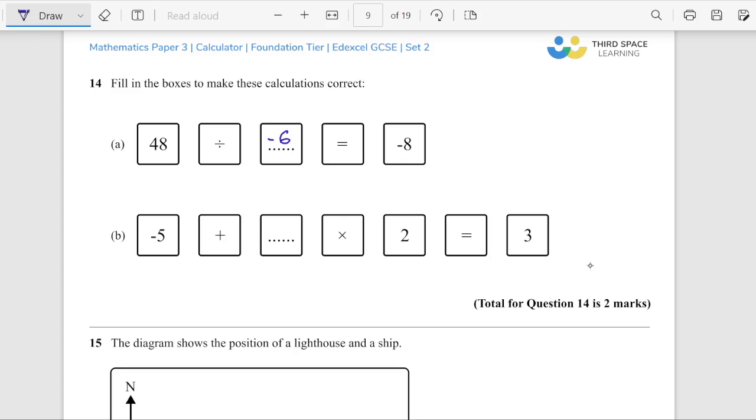So minus 5 plus something times something is equal to 3. So I'm trying to work out minus 5 plus what would give me 3. So I would need to add on 8. And then if it's 2 times by that, that's got to be 4 there.